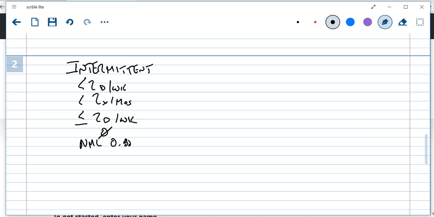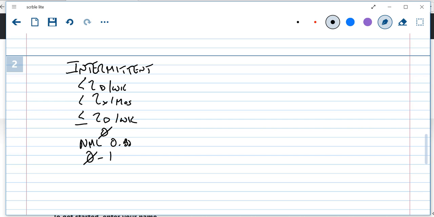And then in terms of exacerbations requiring oral systemic steroids, that's going to be 0, maybe 1 time a year. So that's what we're going to have for intermittent.